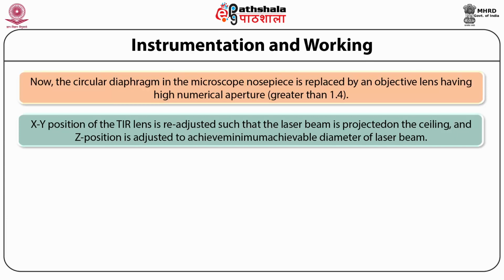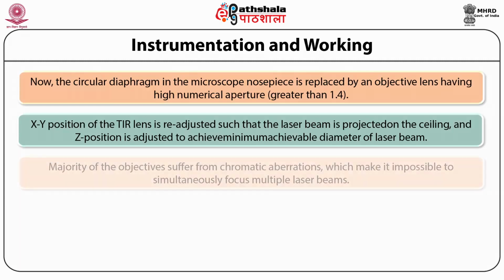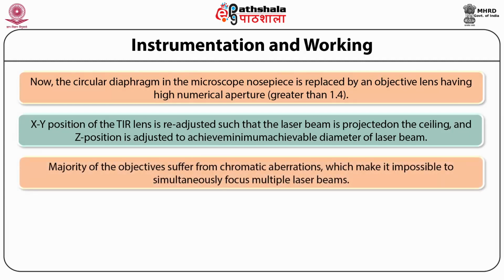The TIR lens is readjusted such that the laser beam is projected on the ceiling and the Z position is adjusted to achieve the minimum achievable diameter of the laser beam. The majority of the objectives suffer from chromatic aberrations, which make it impossible to simultaneously focus multiple laser beams.